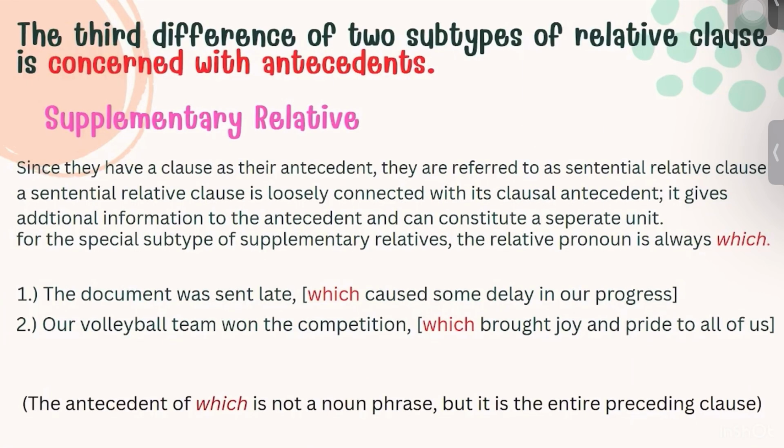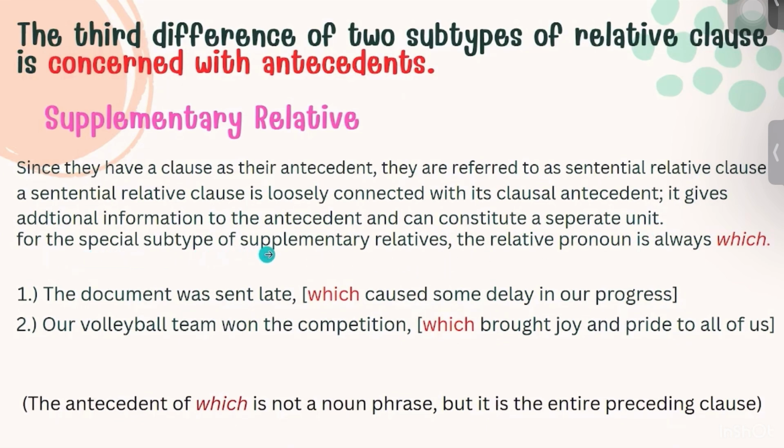Move on to the third difference of the two subtypes of relative clause, which is concerned with antecedents. Since they have a noun as their antecedent, they are referred to as essential relative clauses, whereas the supplementary clause is loosely connected with its antecedent. So it gives additional information to the antecedent and can constitute a separate unit.